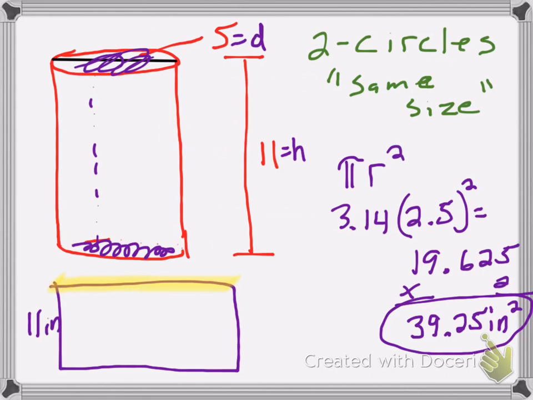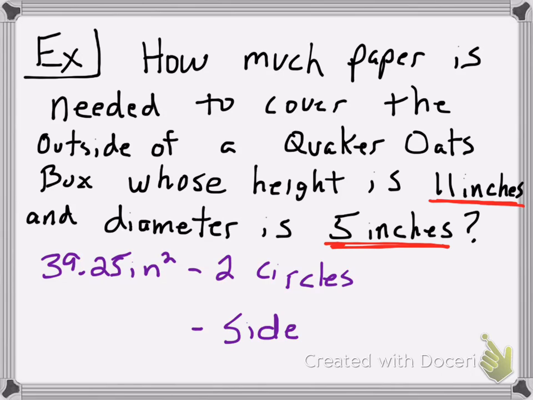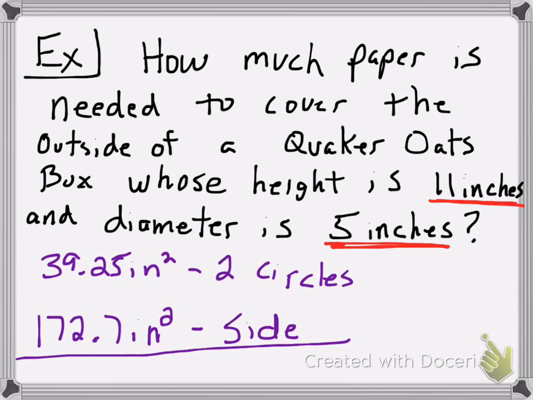Now let's go back to the very first part of the problem, 172.7 inches squared. Now to find the total surface area, and you can write S.A. for surface area, and add those two things up.